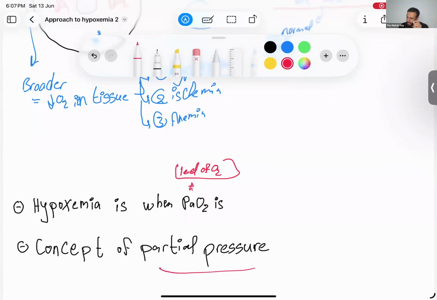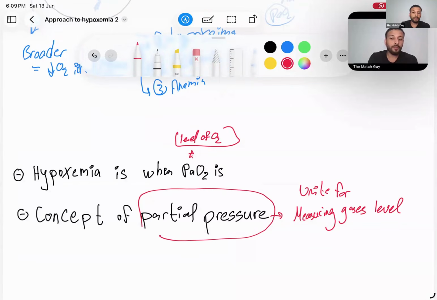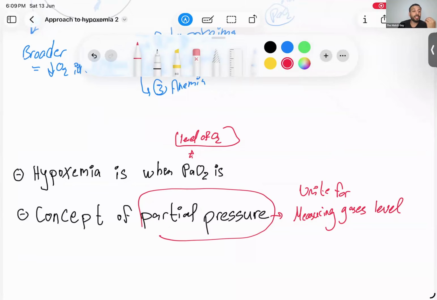Partial pressure is the unit we use to measure the level of gases, whether it's in the alveoli, the vein, or the artery. So pressure is the unit of measuring the level of gases in general, not only oxygen. Again, the partial pressure is the unit we use to measure the gases level, whether in the alveoli or in the blood vessels.